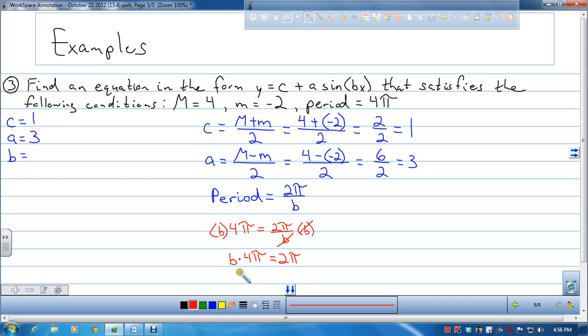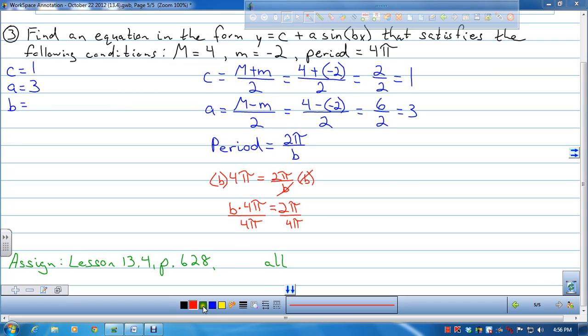Well, now all I have to do to solve for b, if I'm multiplying by something, what do I do to get rid of it? I divide both sides by 4 pi. 4 pi is gone, right? And pi is gone, and the 2 will turn into a 1, the 4 into a 2. So b is equal to 1/2.